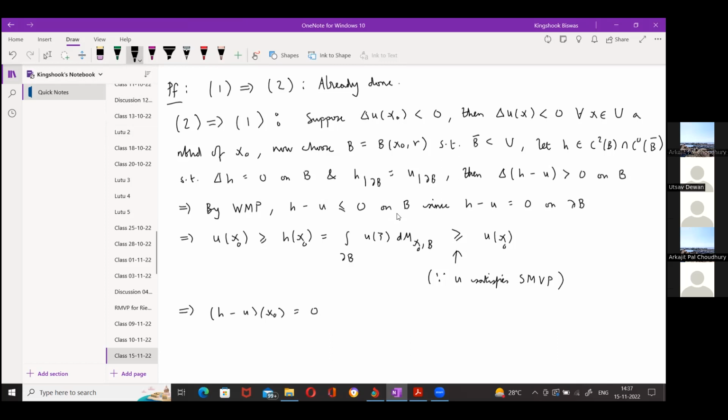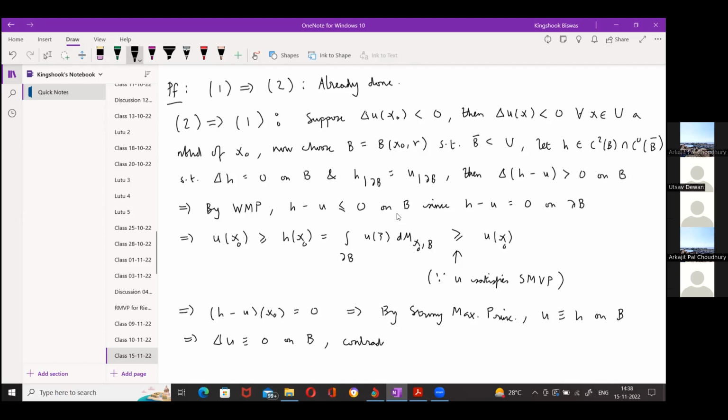And that implies, by the strong maximum principle, that U is equal to H on B. But then U is harmonic on B. So that implies that the Laplacian of U is identically 0 on B. But that's a contradiction, right?